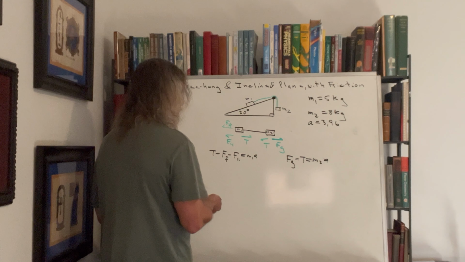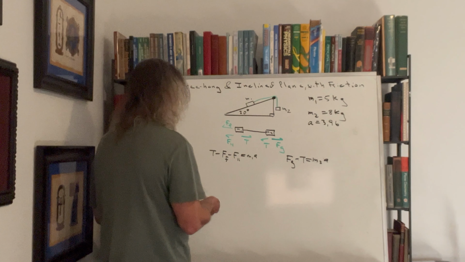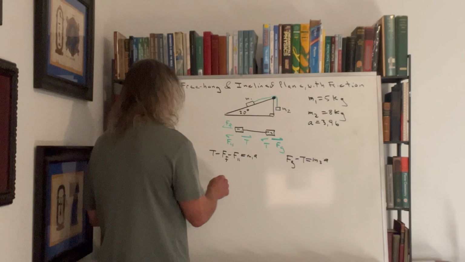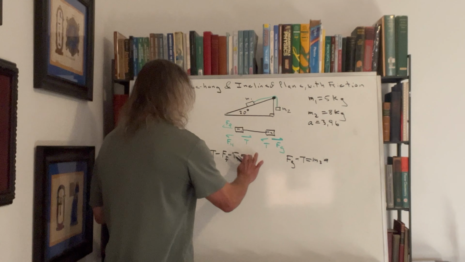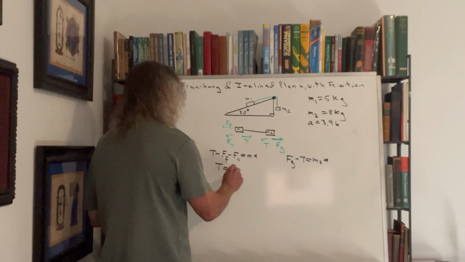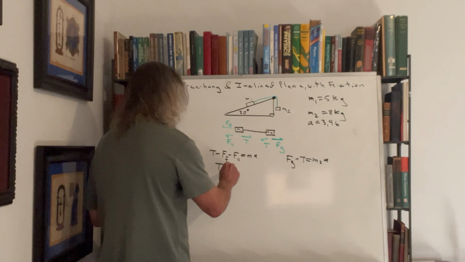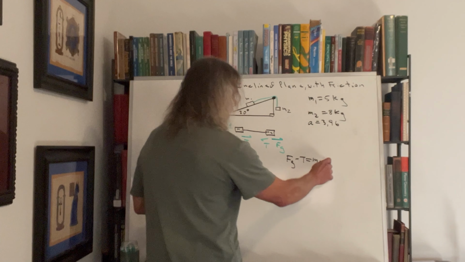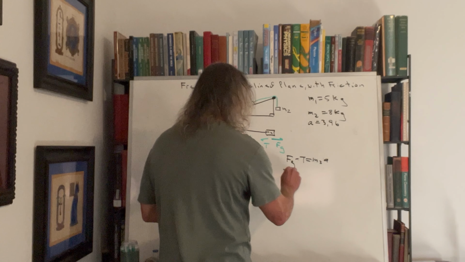We can put numbers in. Solve for T. I'll go ahead and solve for T. T equals, add these to each side, subtract that.